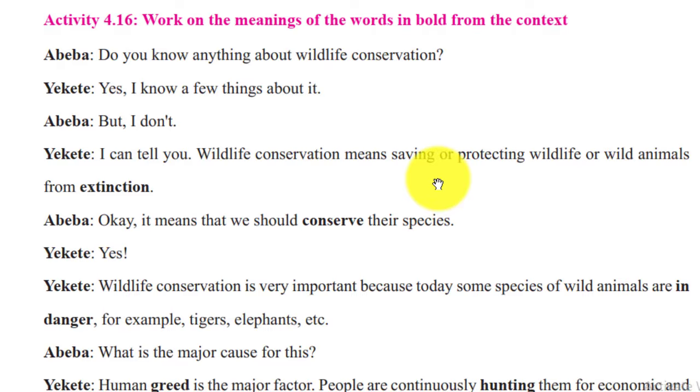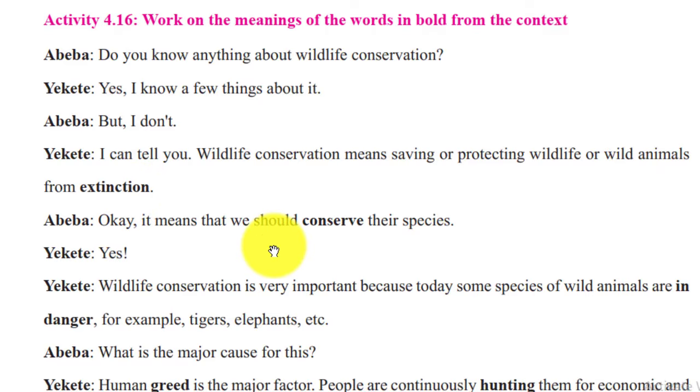So wildlife conservation means saving or protecting wildlife or wild animals from extinction. Conservation means protect. Protect from what? From extinction, isn't it? So extinction means no longer existing, that is, disappearing. To protect from extinction, so they remain many, is called conservation.